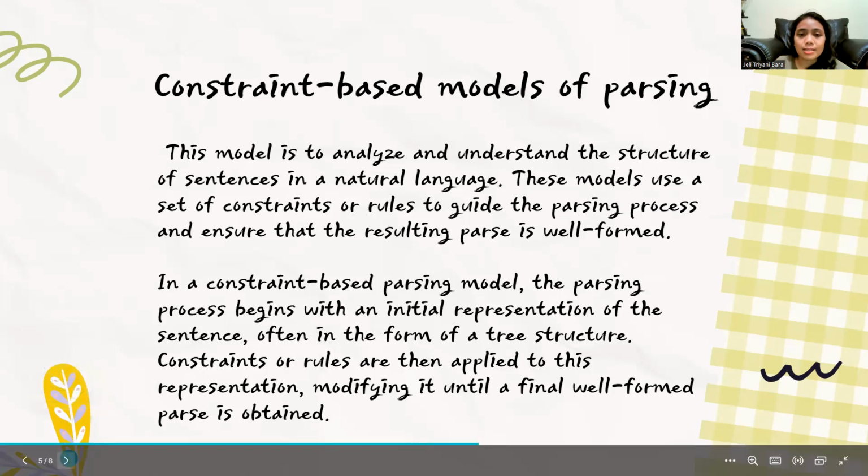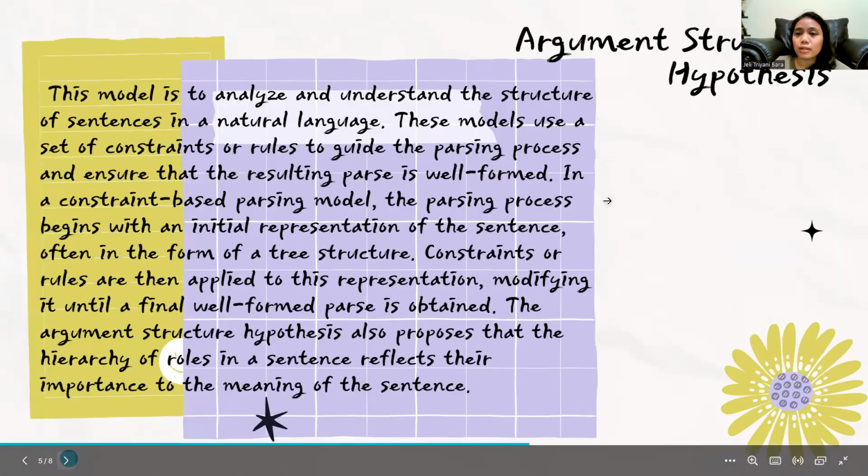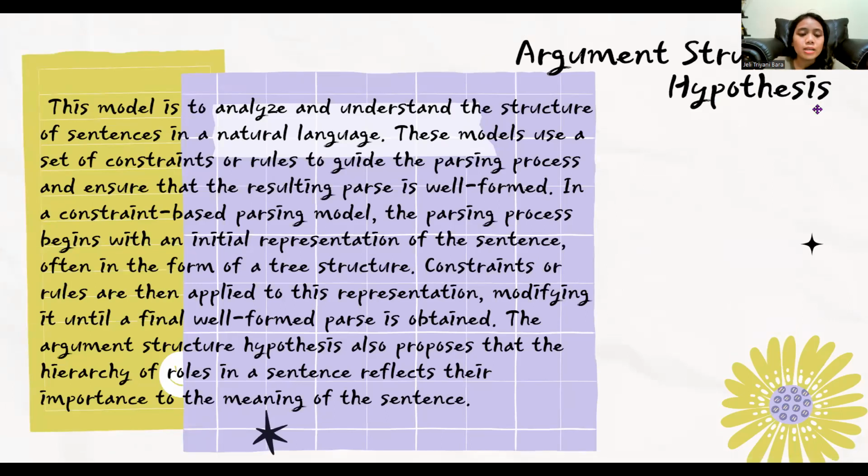Okay, next is about the argument structure hypothesis. So guys, this model is used to analyze and understand the structure of sentences in natural language. It uses a set of constraints or rules to guide the parsing process and ensure that the resulting parse is well formed.